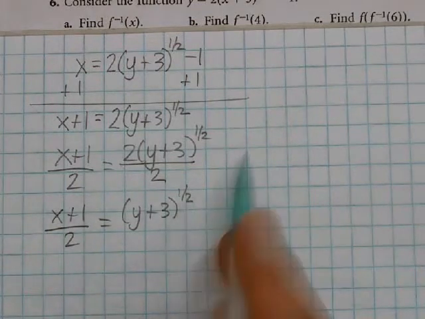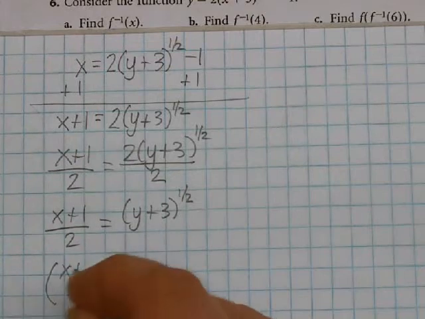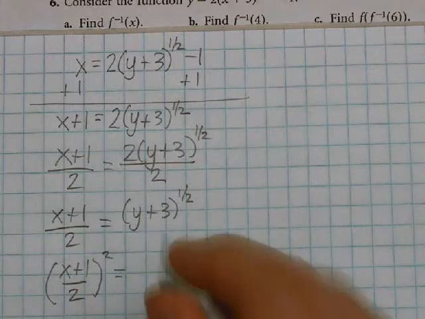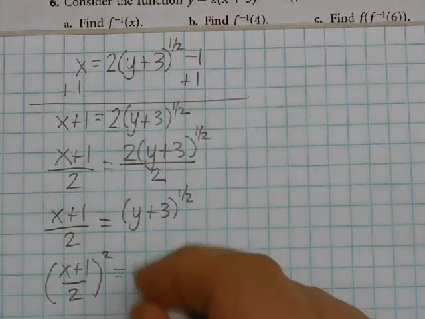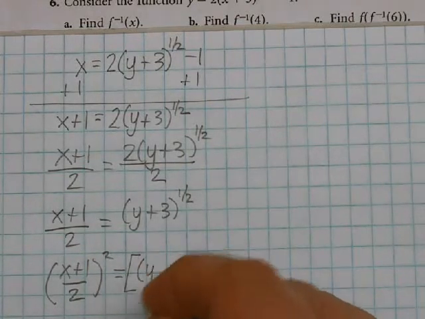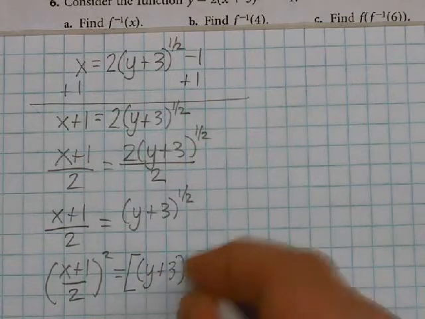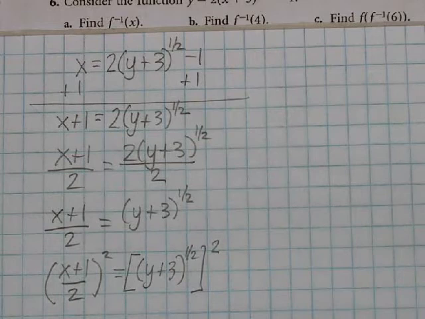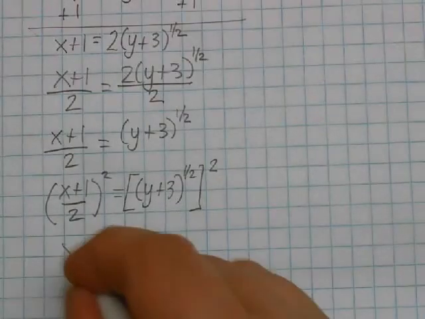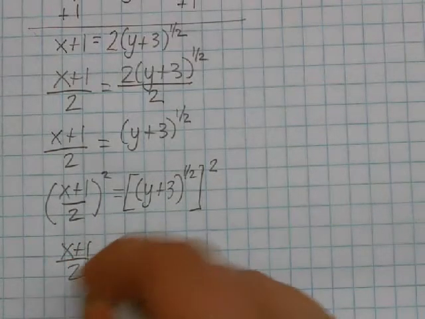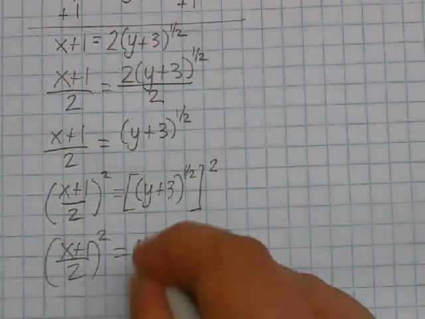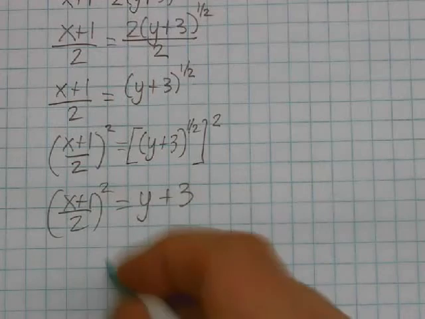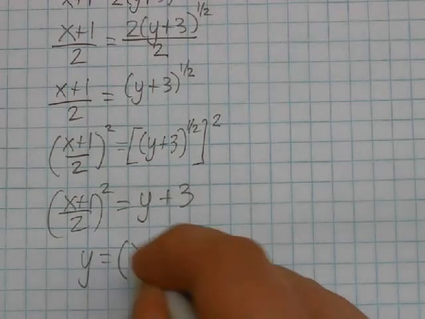To make this exponent 1, I will need to square both sides. Notice that 2 is the reciprocal of 1/2. So we get x plus 1 over 2 squared equals y plus 3. And we'll go ahead and subtract 3 from both sides.